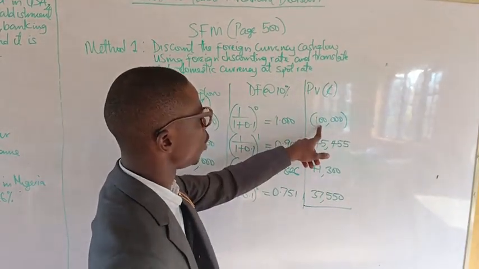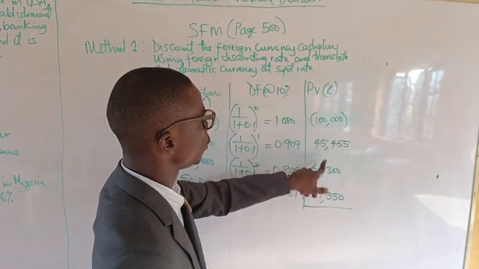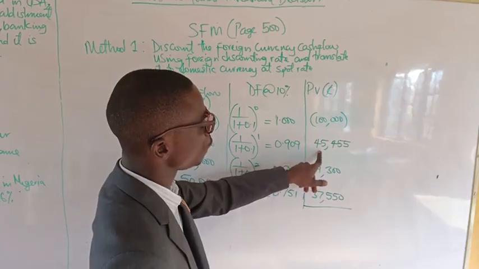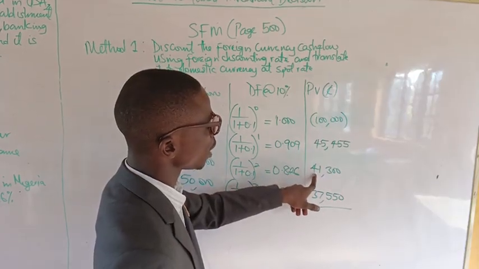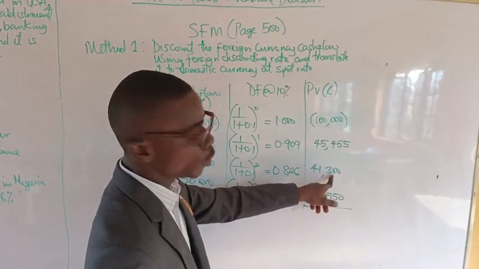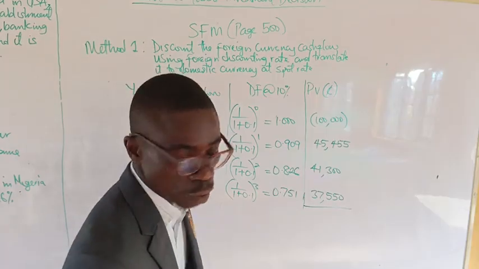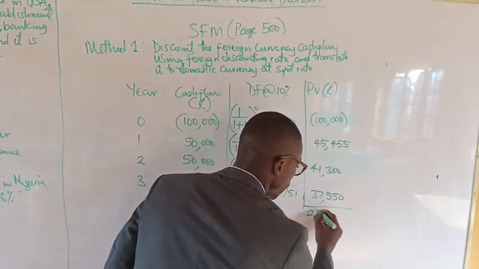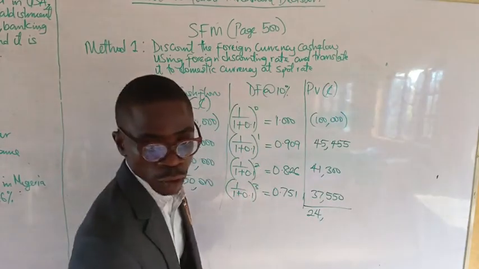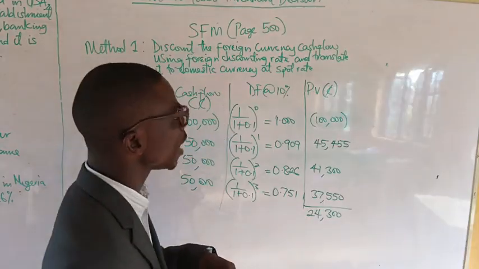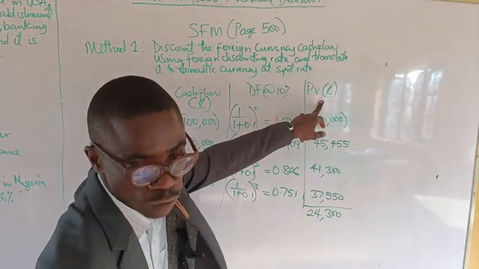This minus 100 plus 45,450 plus 41,300 plus 37. 24,300. Now, I want to ask, don't forget that it is in cedis.